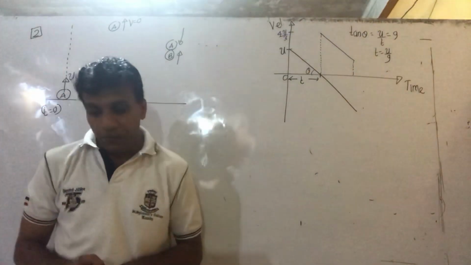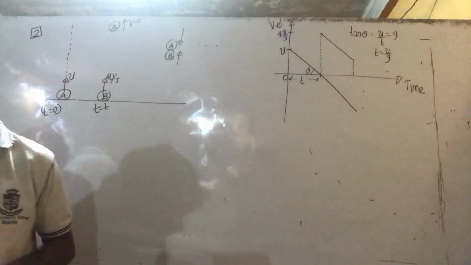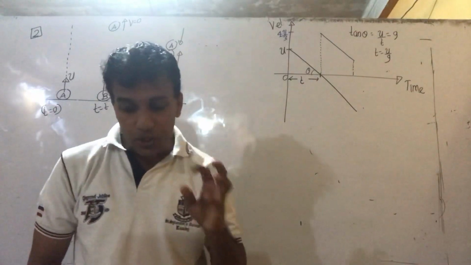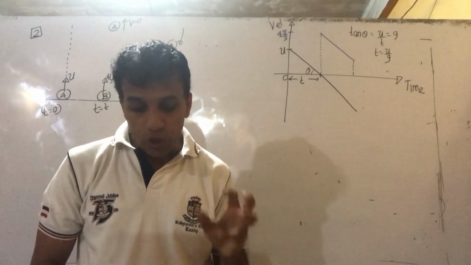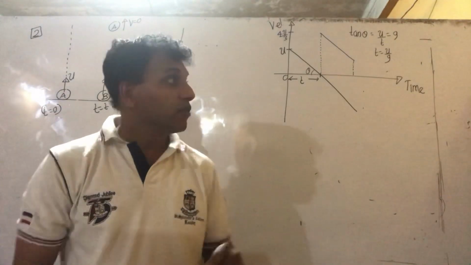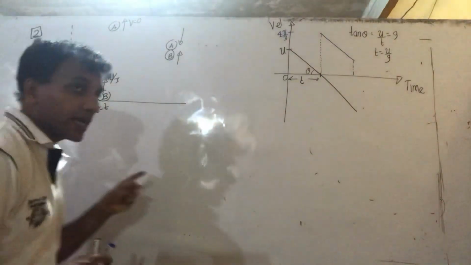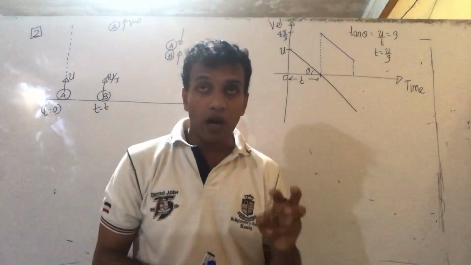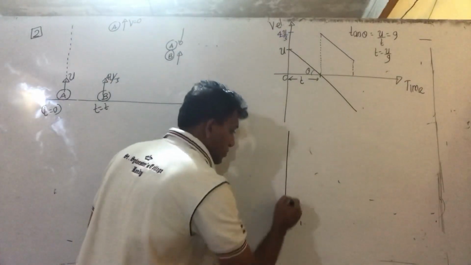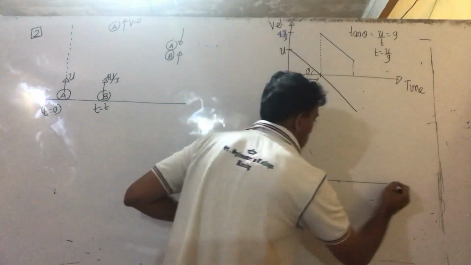Now they ask us to draw another velocity-time graph for the motion of the first ball relative to the second. I mentioned the first one is A, the second is B. So let me show the axes.